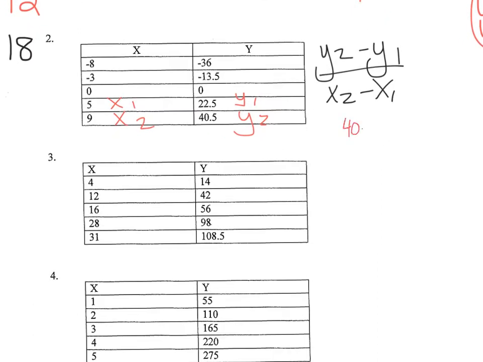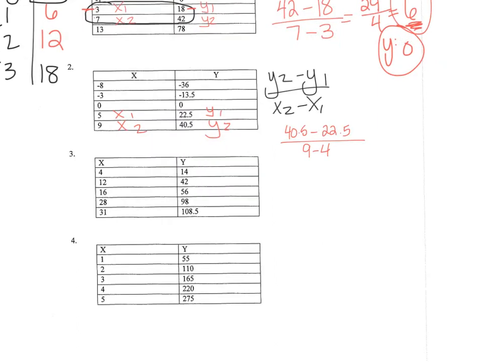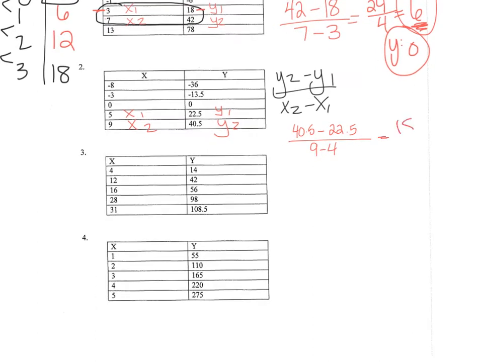So 40.5 minus 22.5 over 9 minus 4. So 40.5 minus 22.5 is 18. And then 9 minus 4 is 5. So when I divide that, 18 divided by 5 is 3.6. So that's my slope, and my y-intercept is already here.